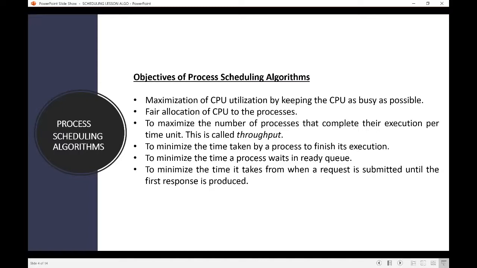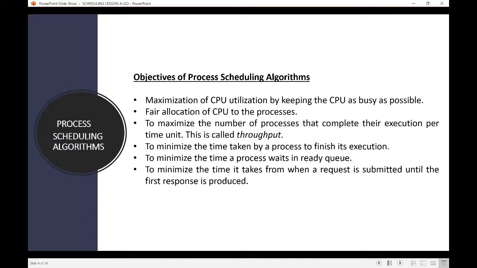So it will also have to calculate how long it takes to launch a program. All those are activities of the scheduler, or scheduling algorithms.